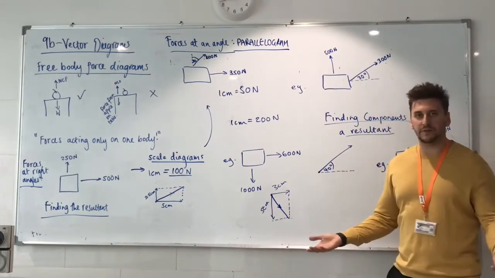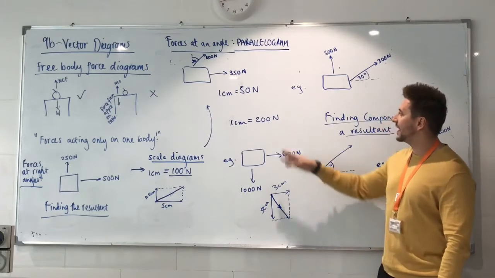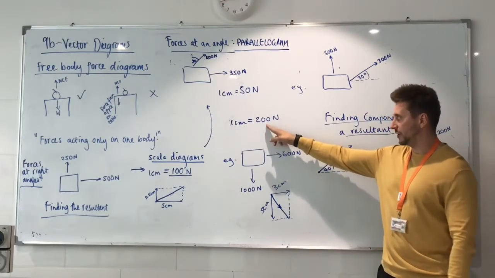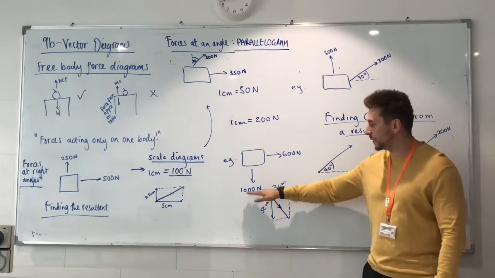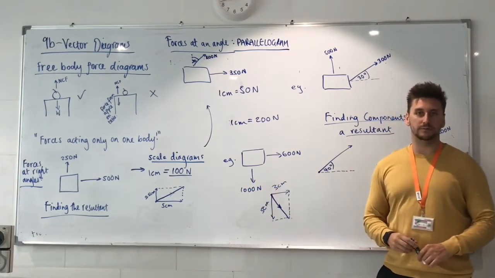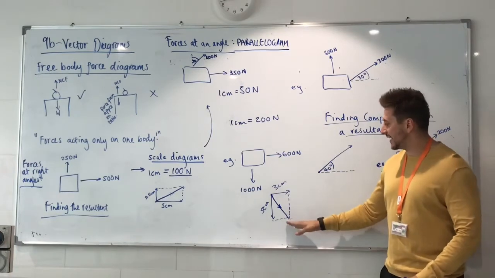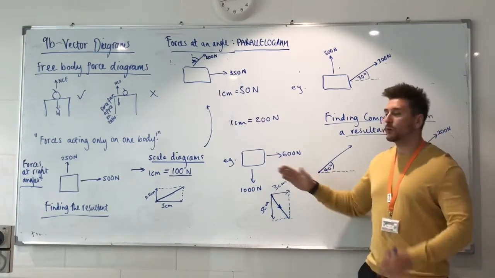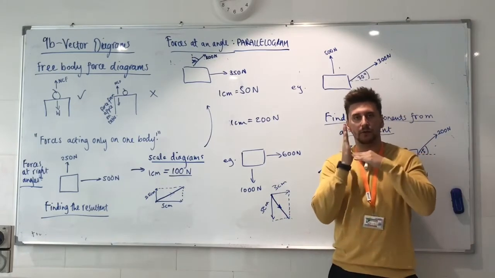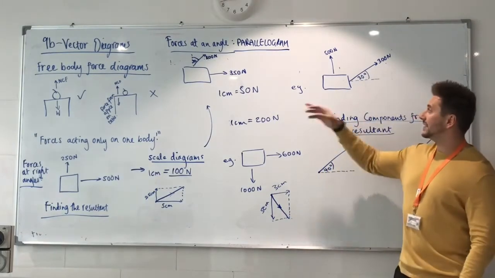Let's call it 5.5 centimeters again. And then this time I multiply that by 200. So it would be 1,100 newtons. Alright, which makes sense because it's bigger than my biggest component. Alright, so that is a scale or vector diagram to find the resultant force when you have two perpendicular component forces. Alright, this can change.